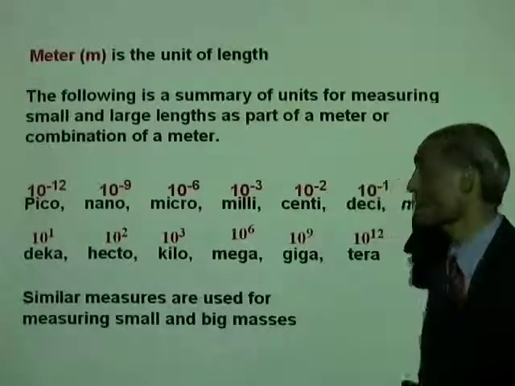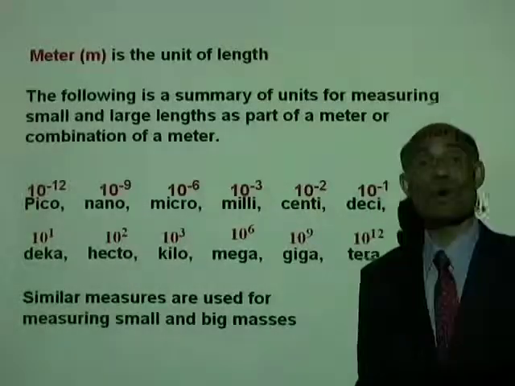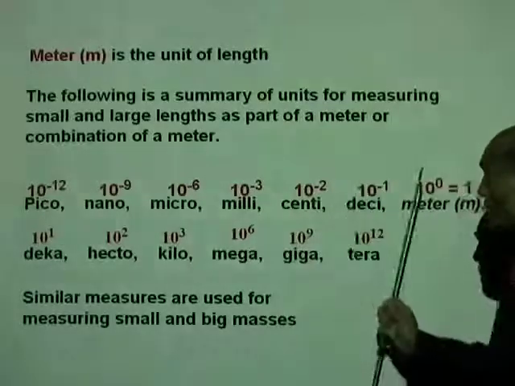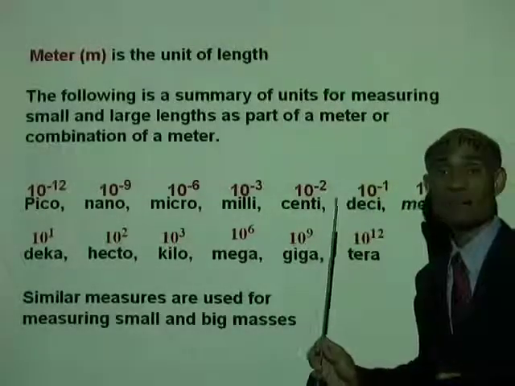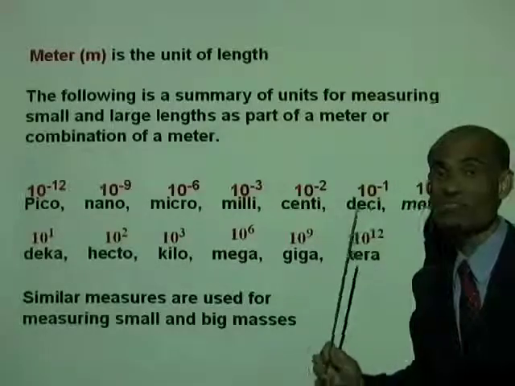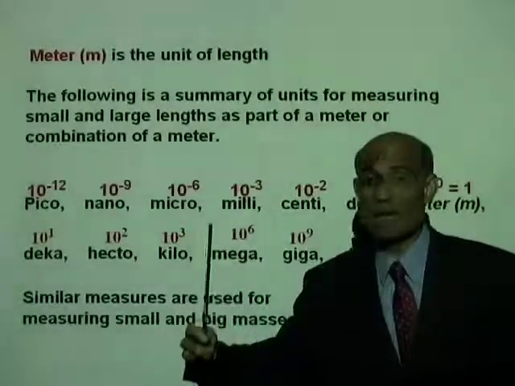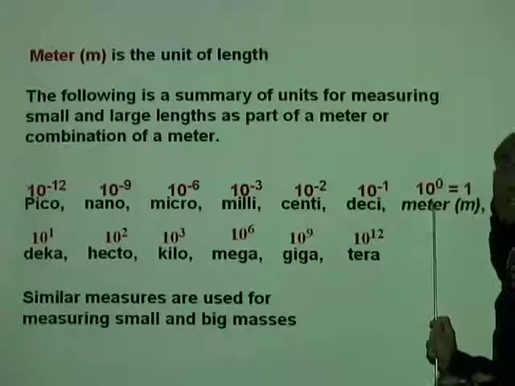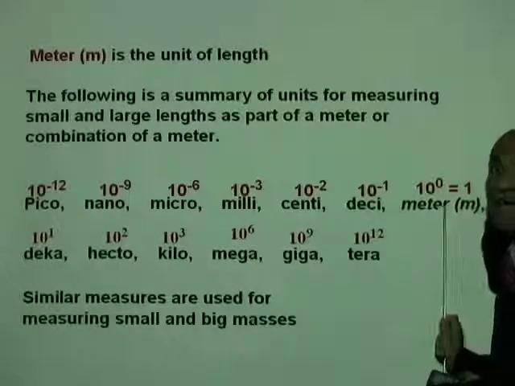Similar measures are used for measuring small and big masses. You know, in measuring mass, what is the unit for measuring mass? It's a kilogram. So in place of the meter, we will write a gram.